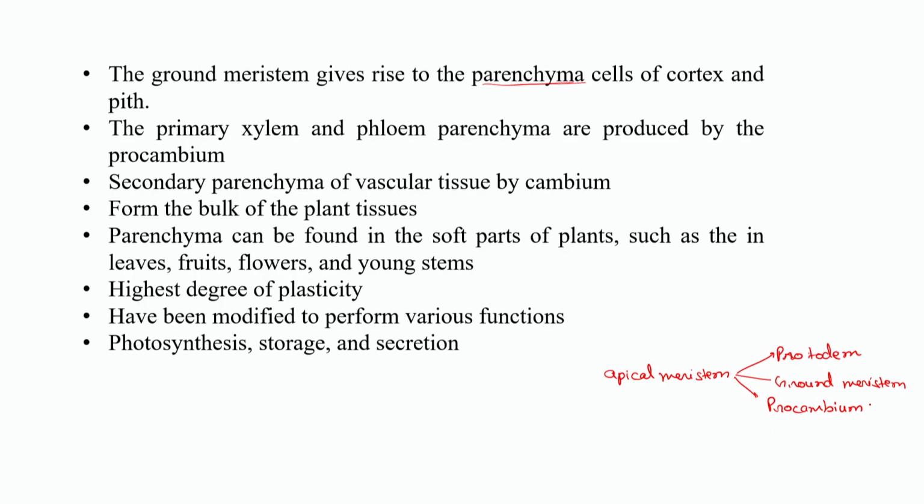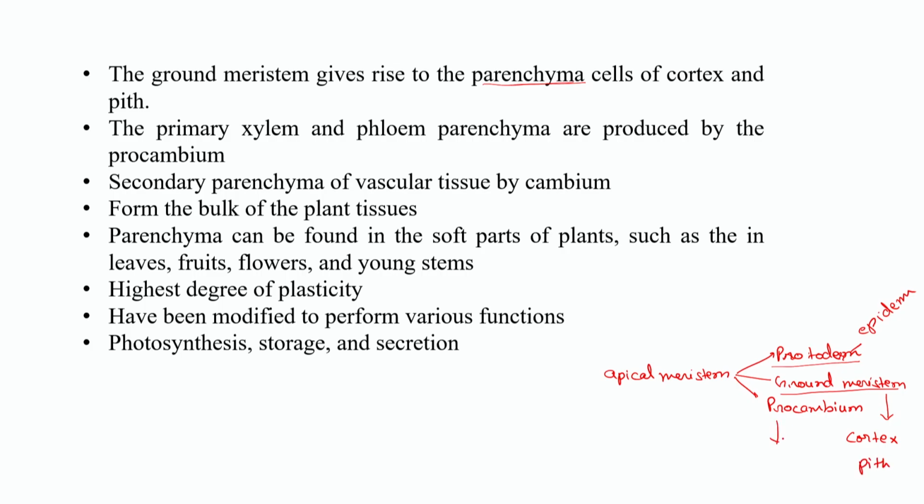Now, parenchymatous tissue is found in all different layers of a plant tissue. So, even in protoderm, which gives rise to epidermis, parenchyma is there. In that case the parenchyma will be from protoderm. Similarly, ground meristem will also give rise to parenchyma of the cortex and pith region.